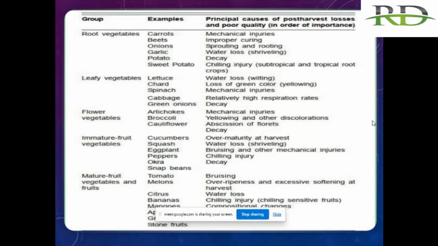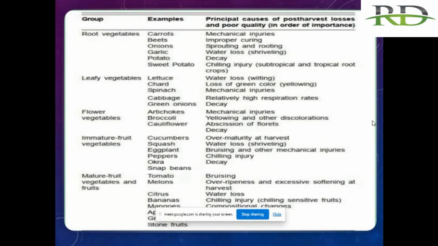Like we can see in root vegetables, for carrots, post-harvest losses are mostly because of mechanical injuries, beets for improper curing, onions for sprouting and rooting, garlic for water loss as they shrivel, and potatoes decay if their storage is not done properly. Sweet potato suffers chilling injury in subtropical and tropical conditions. In leafy vegetables, there is water loss. These are the major problems which have to be taken care of.